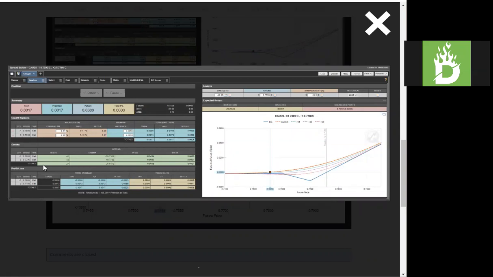But I'm saying that to you with the benefit of hindsight. It's hard to predict where vol's going to go and price, but with these short ratio spreads you really want time to be on your side, because you pay to play, and you really do pay on these.